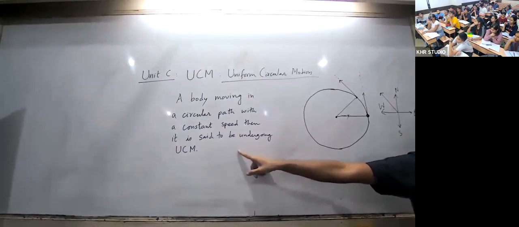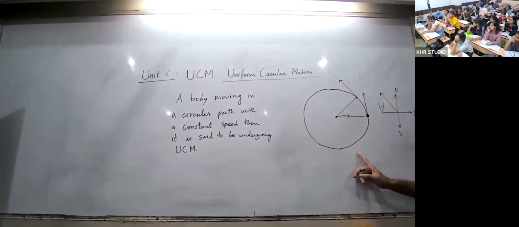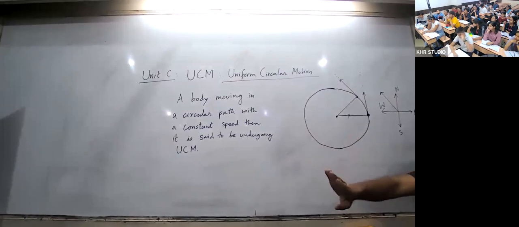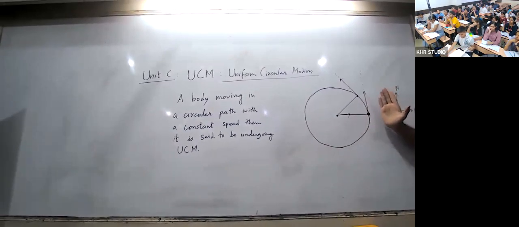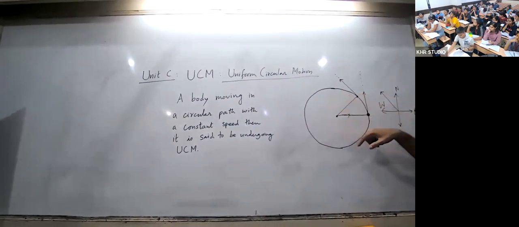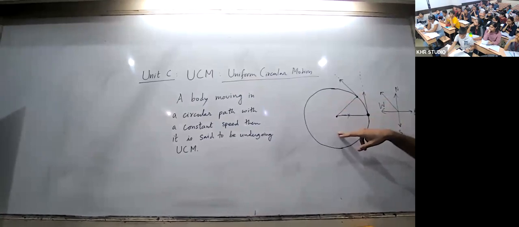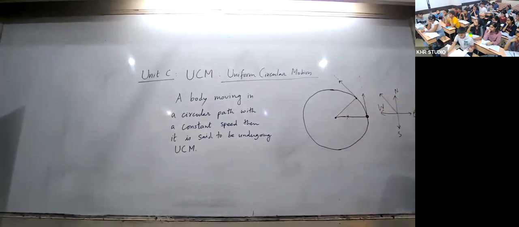Velocity. Because UCM is accelerated motion. Why is velocity not constant? Because its direction is changing all the time. The magnitude of velocity is the same, but velocity is changing due to the change of direction at every point.